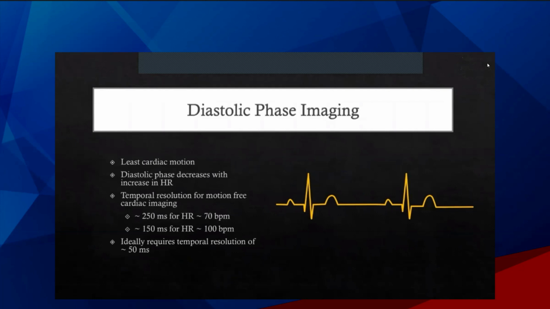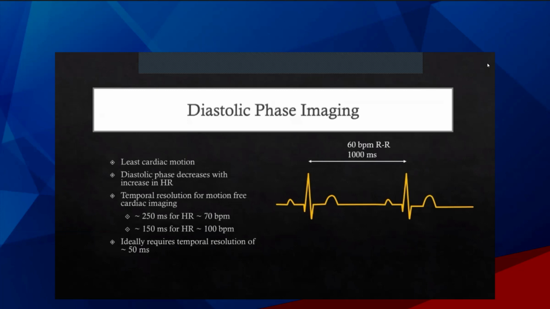Let's take a look at this ECG tracing to put this into perspective. If we have a patient with a heart rate of 60 beats per minute, the RR interval is approximately 1,000 milliseconds.